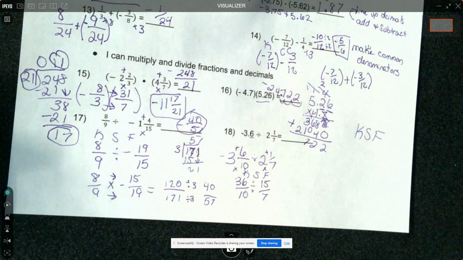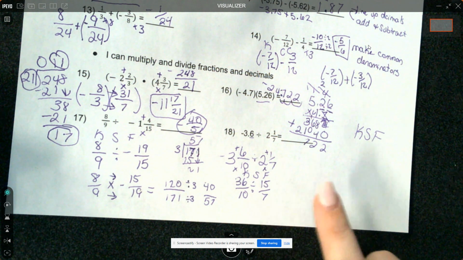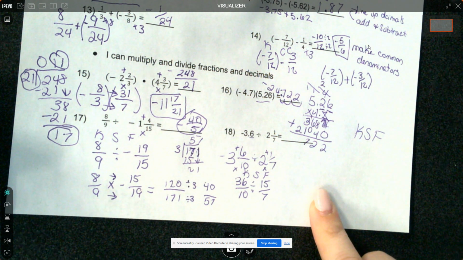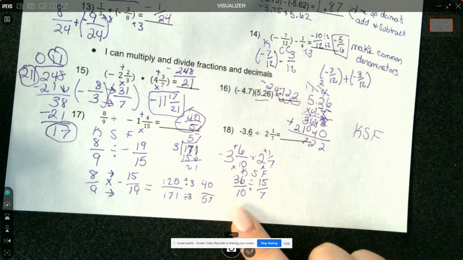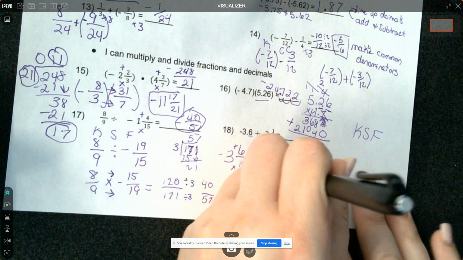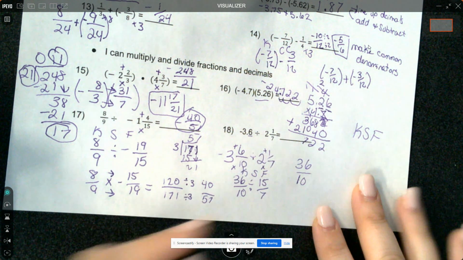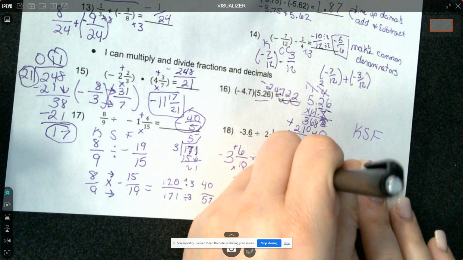And what would it be if you rewrote it, Alex? If you had this and you rewrote it after keep, switch, flip, what would it be? You keep the 36 over 10, right? My pen's going out. 36 over 10 times, now it becomes 7/15.